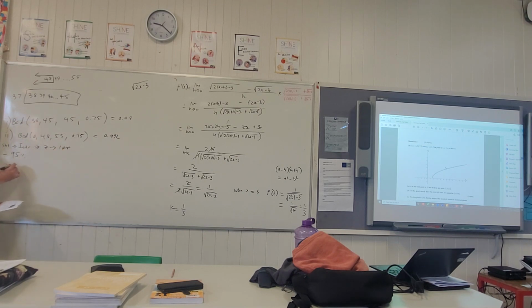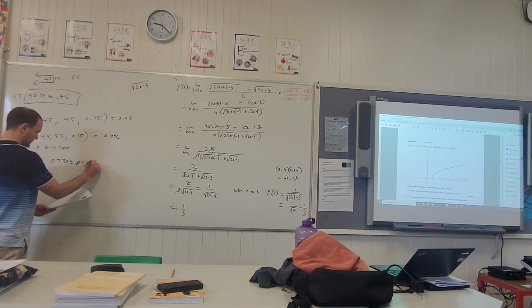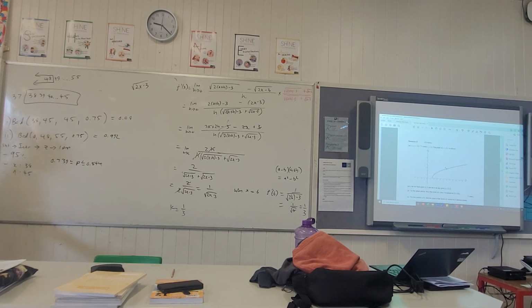We want 95% confidence, and in carriage A we have 38 out of 45, and that's the information we need for a confidence interval, and we get from 0.739 to 0.844. Okay, does this confidence interval support the claim of the newspaper? Explain your answer. Yes, because the result lies in the confidence interval.